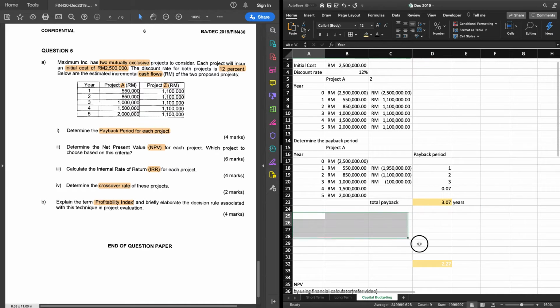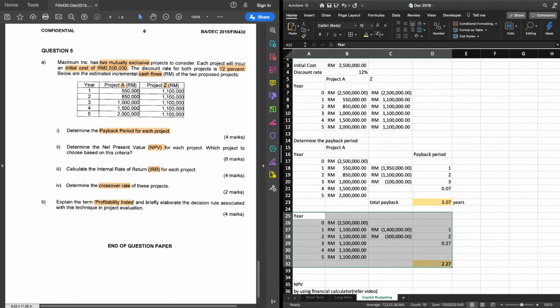Same also for project Z. You do this, and then minus this, you will get 1,400. Then when you get 1.5 million, the outflow is 1.4 million, so you have 300,000 left.